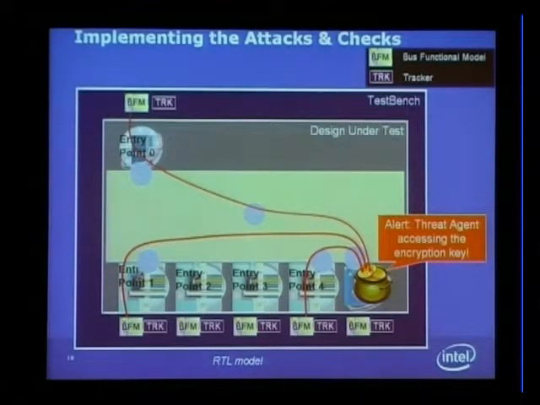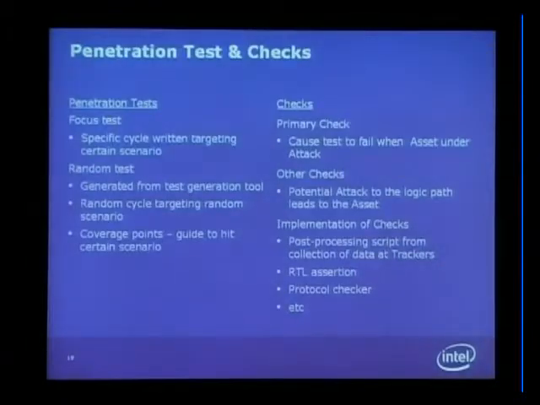So what we do on the random testing is we write coverage points. A coverage point is a guide for us to hit a certain scenario. If not hit, then we can go back and generate the cycle again until we hit it.